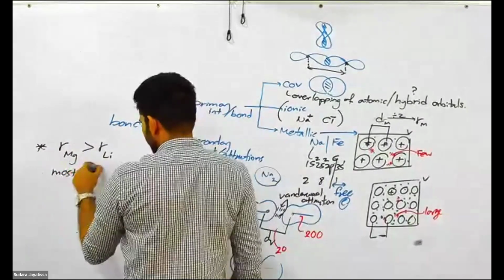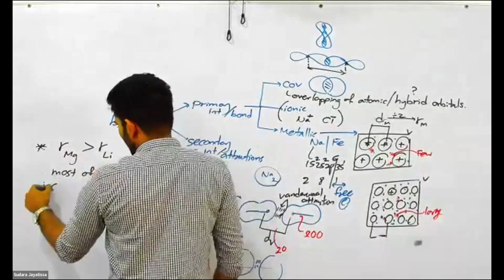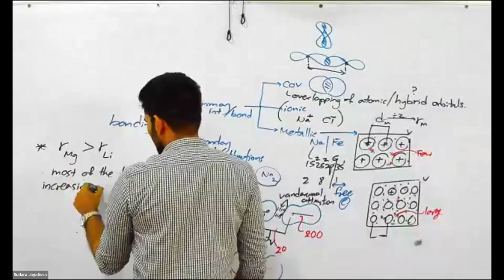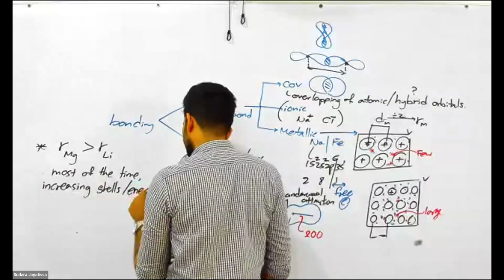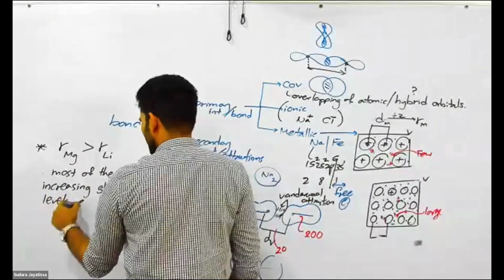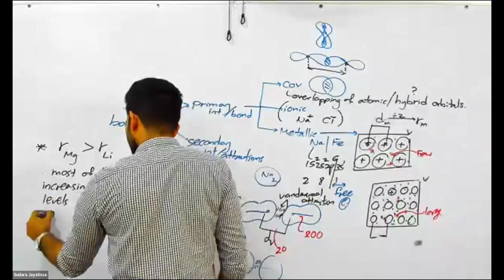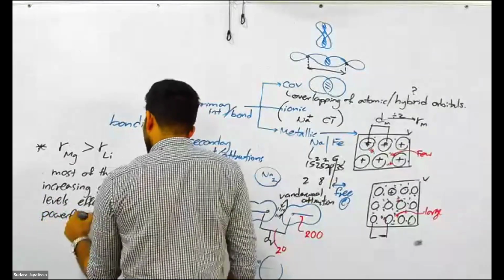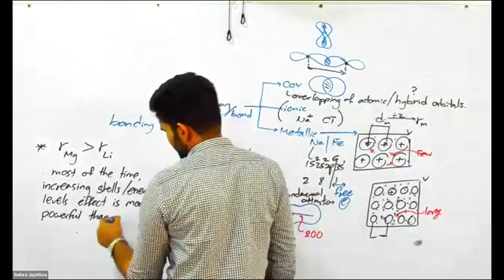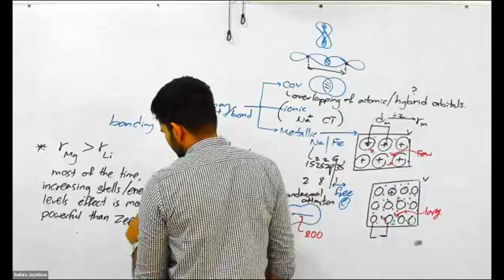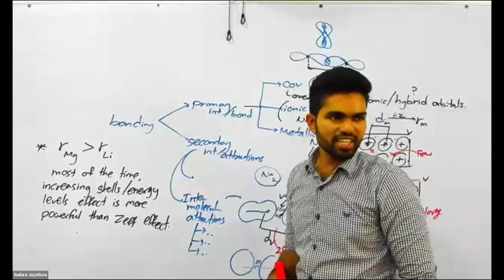Most of the time, increasing shells or energy levels, the energy level effect is more powerful than the ZDF effect, because the ZDF effect is trying to decrease the radius.